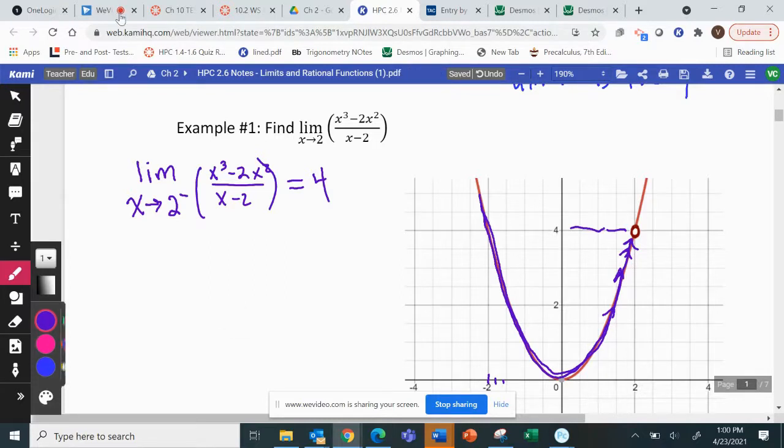Now I'm going to do the limit as x approaches 2 from the right, and I show that it's coming from the right with a little plus sign. We always write the equation after the limit. You don't just write limit x approaches 2 plus. That's not a complete thought.